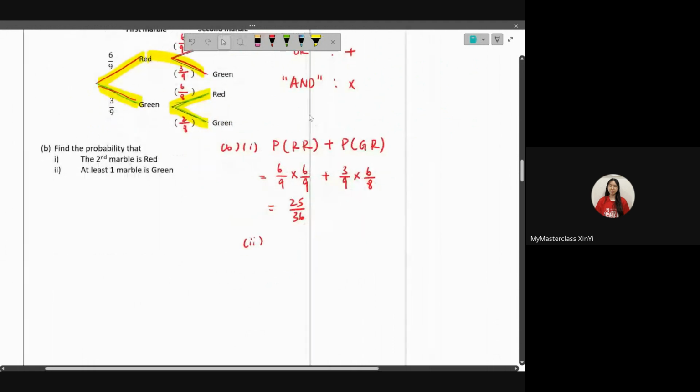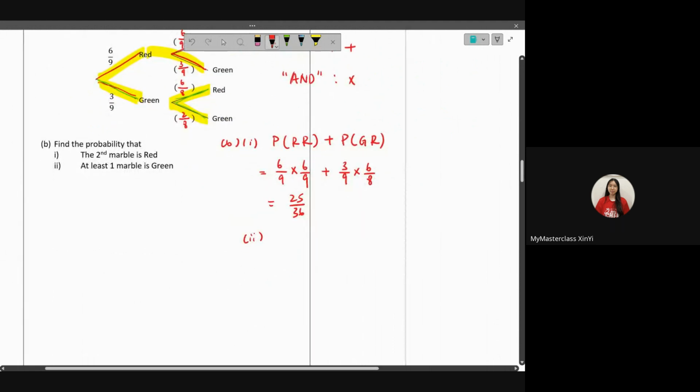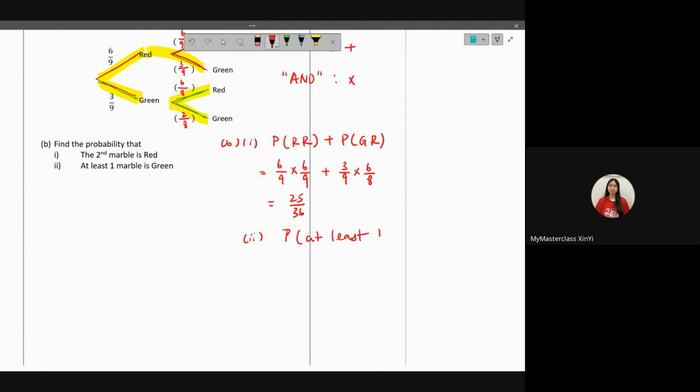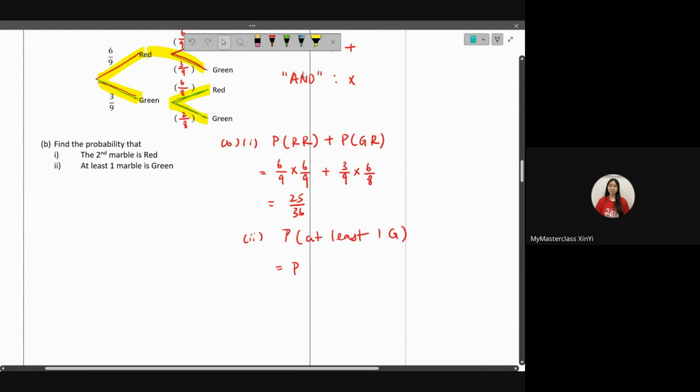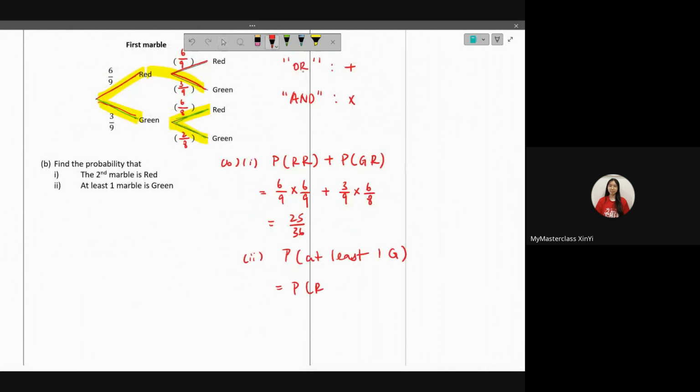So when I want the probability that at least one is green, this is the same as the probability of red and green, or the probability of green and red, or the probability of green and green.